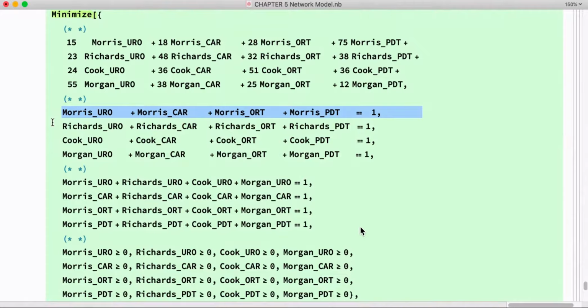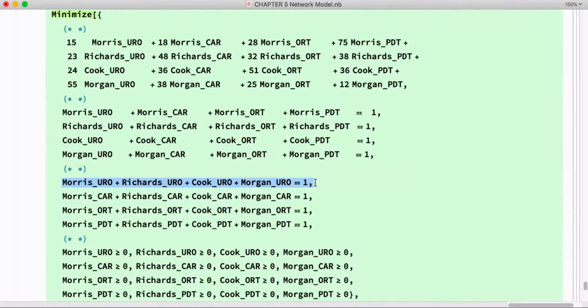And this says that each one of them is available to go to one particular department. In other words, if one goes to one department, doesn't go to any other department. And if I have four nurses in four departments, the same thing is true here.